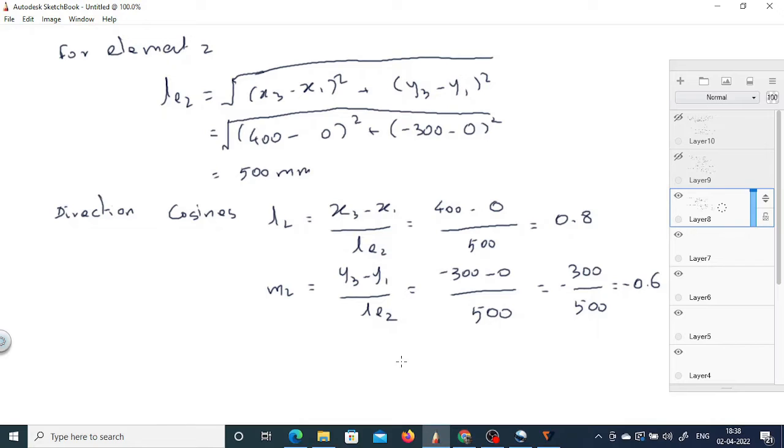From this we can identify the displacement and force values. Our problem has the formula F, which is equal to the stiffness matrix into displacement.